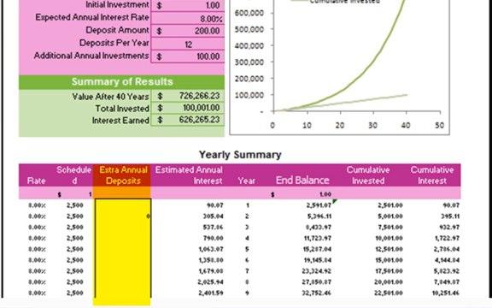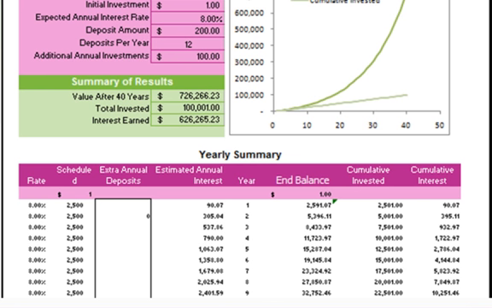Next column we have the extra annual deposits. So you can enter either a negative amount here to indicate that you plan to make less than the scheduled additional annual investment in a particular year, or you could enter a positive amount to indicate that you plan to make a more sizable contribution in a particular year. So for example, at the moment Grace is putting in $2,500 a year. So under scheduled deposits, that's going to be $2,500 every year for 7 years.